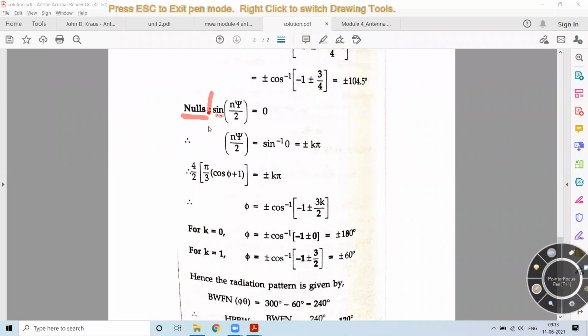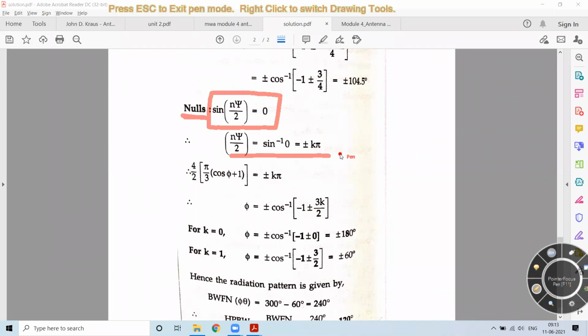In order to estimate that, we have to equate sine n psi by 2 equal to 0. Now when we simplify this equation, you can observe n psi by 2 is equal to sine inverse of 0. What is sine inverse of 0? It will be either 0 degrees, 180 degrees, minus 180 degrees, 360 degrees, minus 360 degrees, and so on.